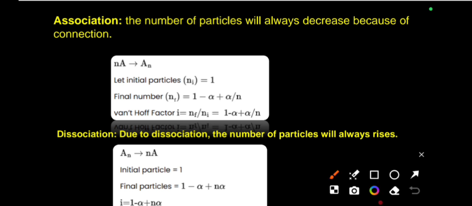Now the formula. Initially you have taken 1, and finally you get 1 minus alpha plus alpha by n.